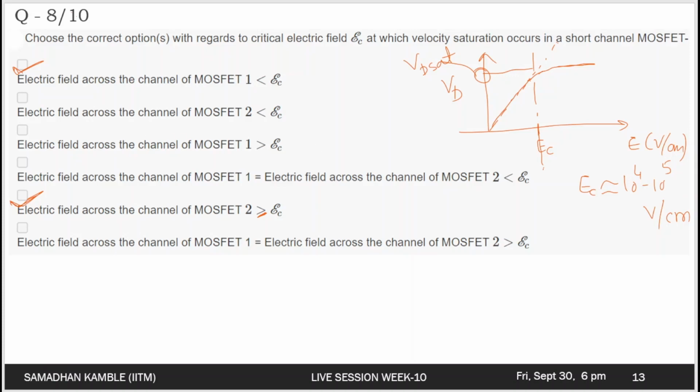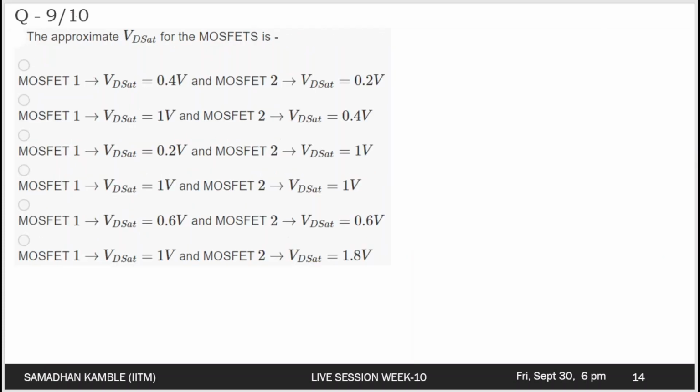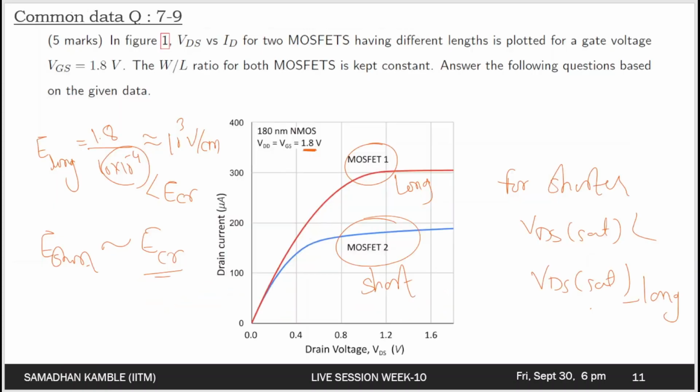Going to question number 9, the second last question: the approximate VD saturation for the MOSFETs is. Again, for MOSFET number 1, the long channel, the VD saturation is roughly given as VGS minus VT.